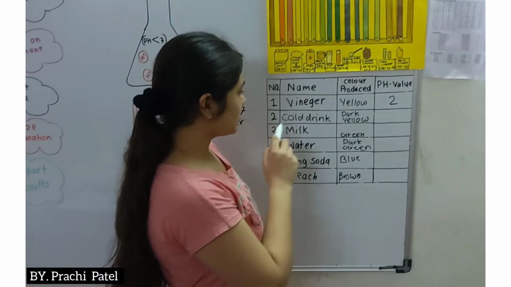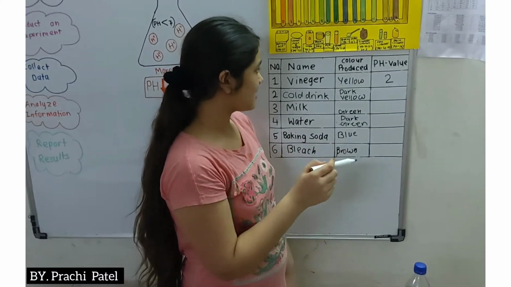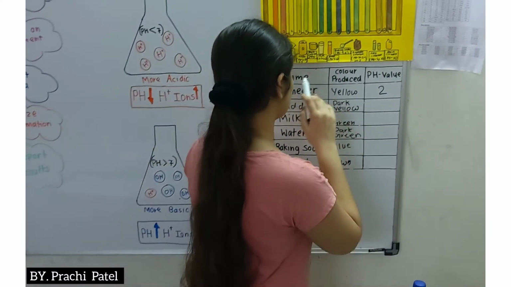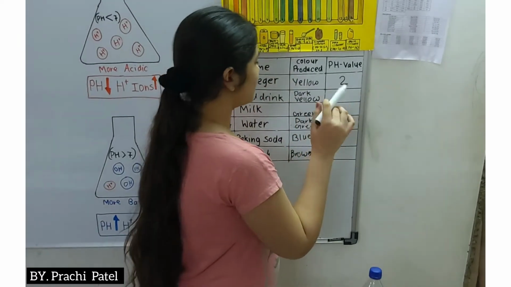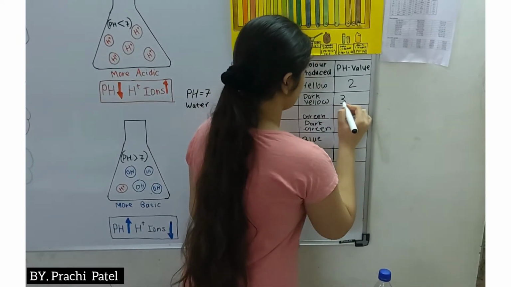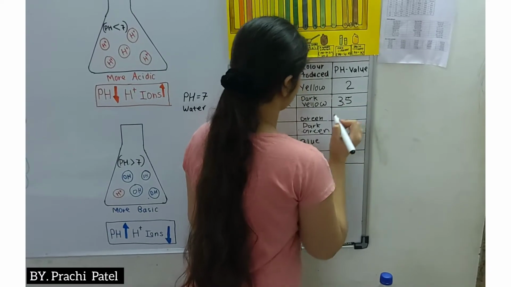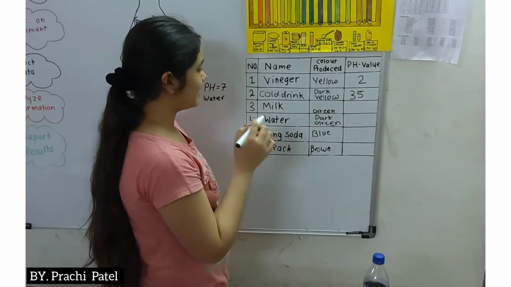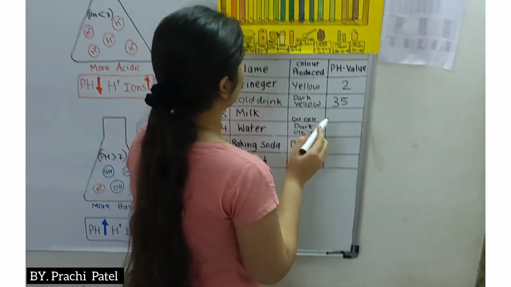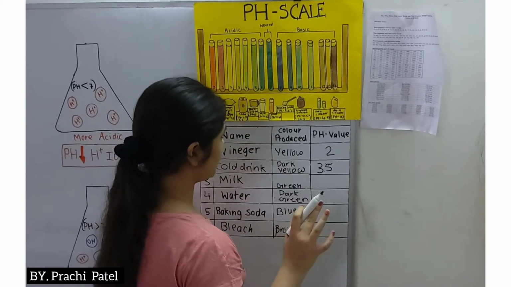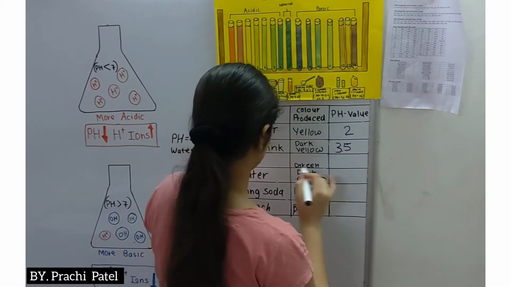Next, we saw the cold drink, which was dark yellow, and the cold drink is between 2.5 to 3.5. So we'll write 3.5. Then we had our milk, which was green, and it was between 6.3 to 6.6. So we'll write 6.3.